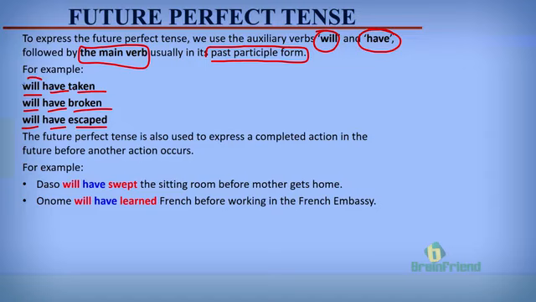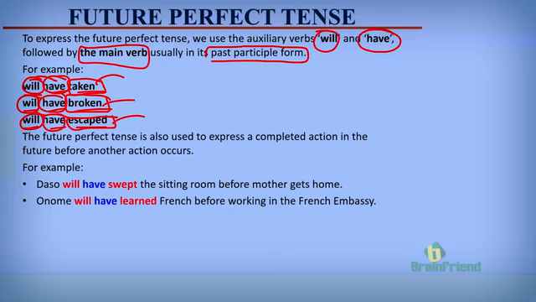We have the auxiliary verbs will and have, and then the verb in its past participle form. Remember that when a verb comes after the verb have, that verb is usually in its past participle form. So taken is the past participle verb. We also have here the auxiliary verbs will and have, and the past participle form of the verb break is broken. Also, we have the auxiliary verbs here and the past participle form of the verb escape, which is escaped.